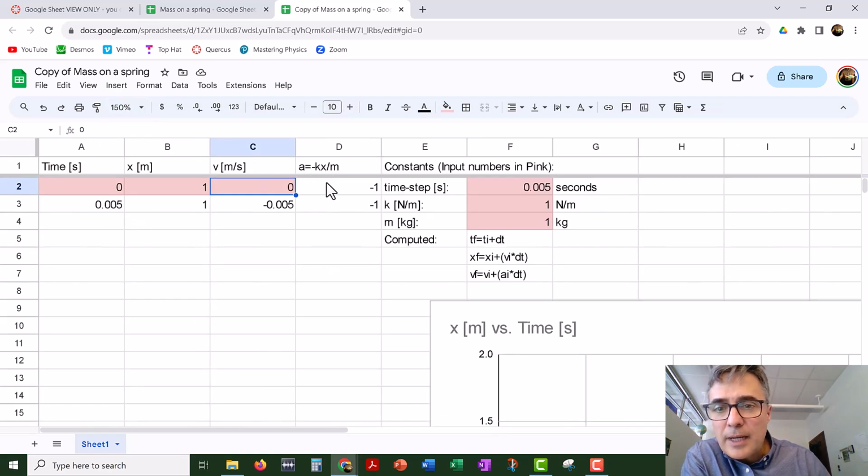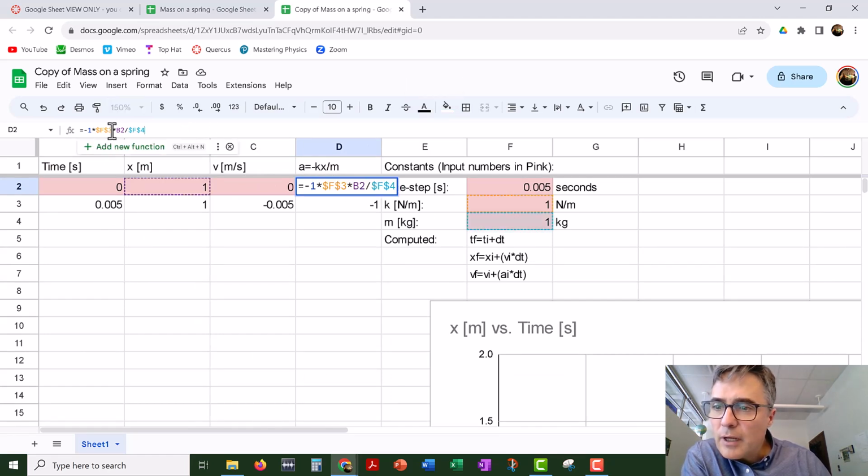Then its acceleration, if it's a mass on a spring, the way you would calculate it is you'd say -1 times a spring constant, which in our case is 1 Newton per meter, that's F3, times B2. What is B2? Oh yeah, that's x, because the force depends on x, -kx, and then divided by the mass, 1 kilogram.